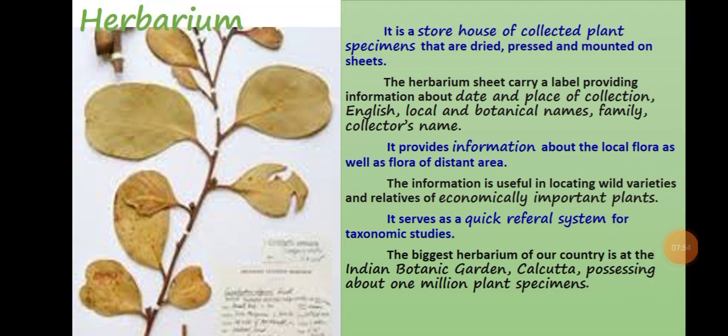And also you can mention our country's biggest herbarium is at the Indian Botanic Garden, Calcutta. It contains millions of plant specimens. That storage is that huge. You understand guys? So herbarium is one of the important taxonomic aids which give us a quick referral system for any plant specimens.